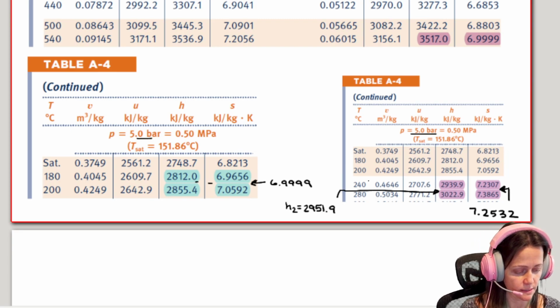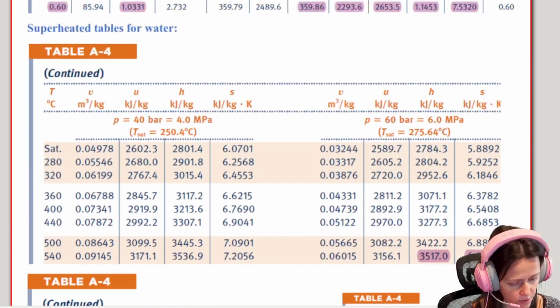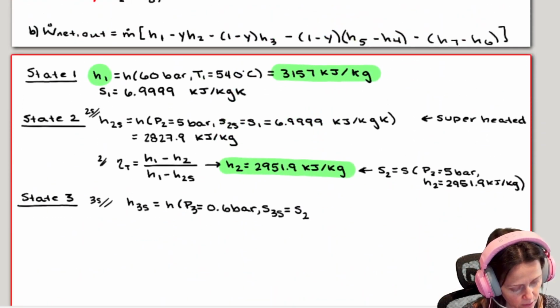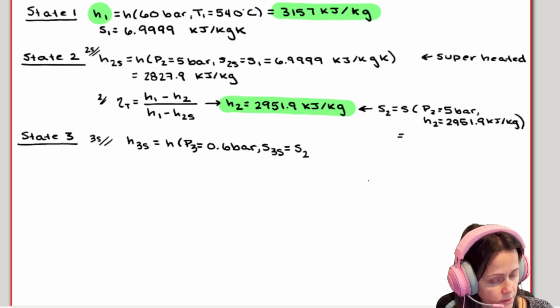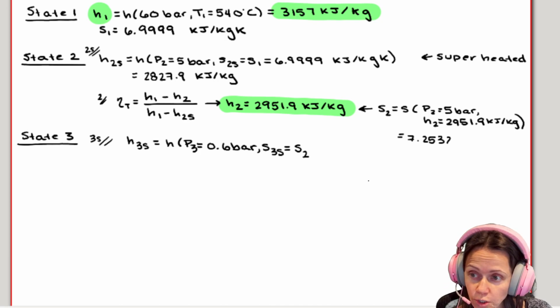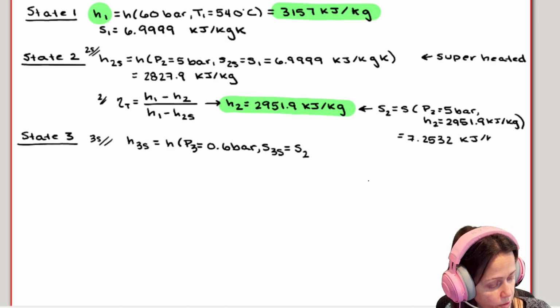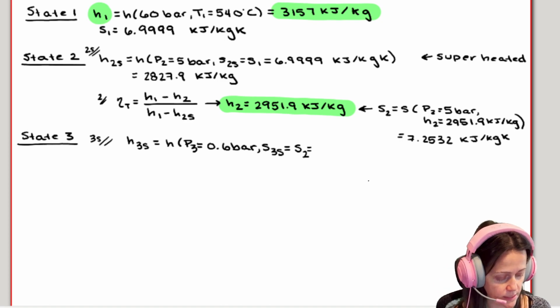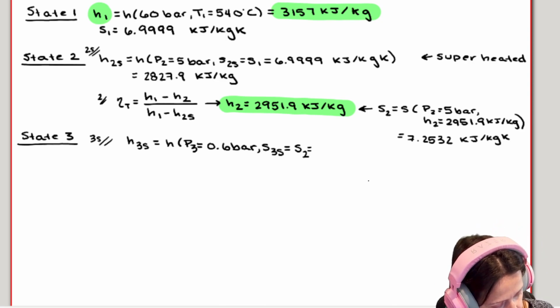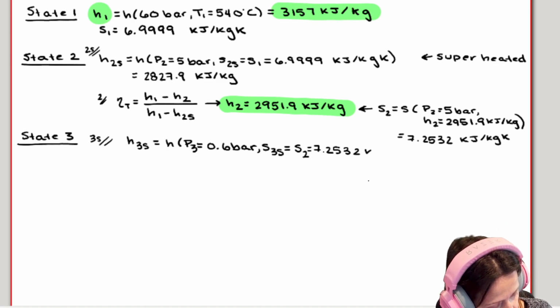And the reason that that's important is because we need it up here. So this was 7.2532 kilojoules per kilogram K. And that's what we need at state 3S, right? So this was 7.2532 kilojoules per kilogram K.